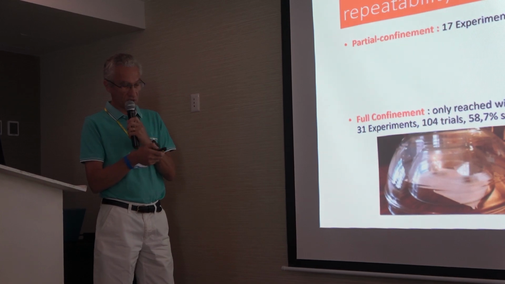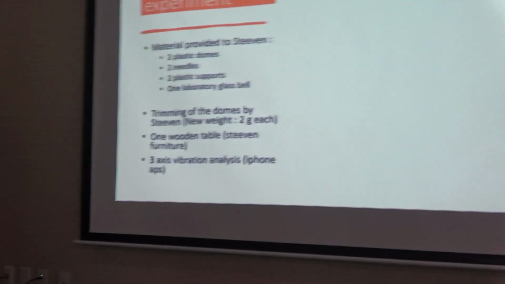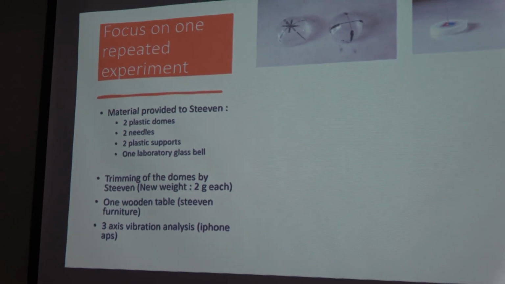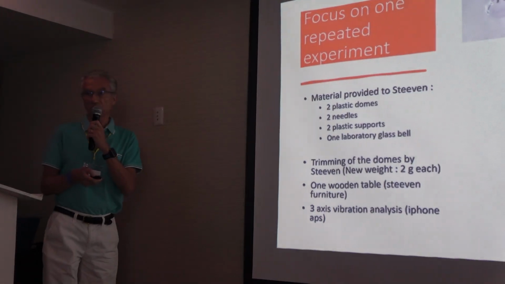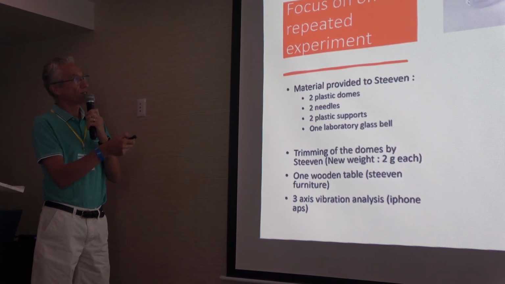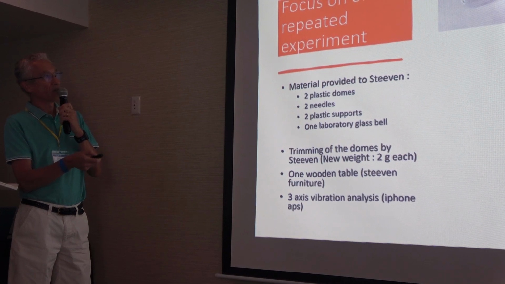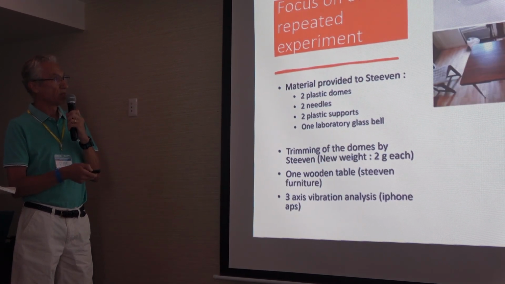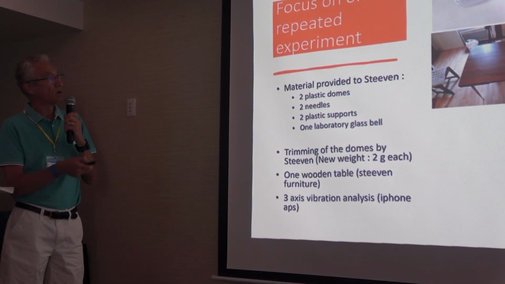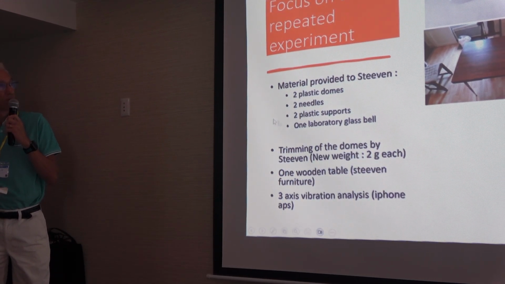And so this year, we come one step further, because first, the PK agent was able to do that in full confinement with this target. So this target was provided to him, same for the support. The table, we can just look at the table quickly.